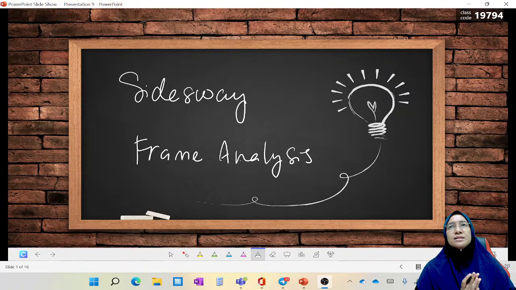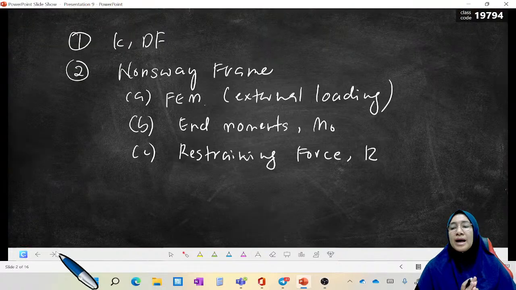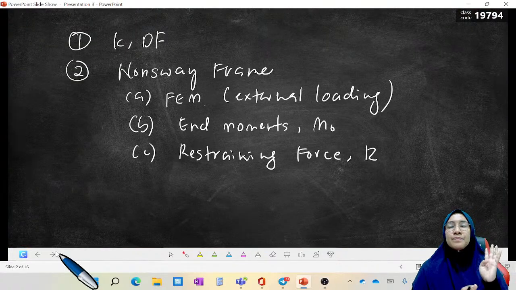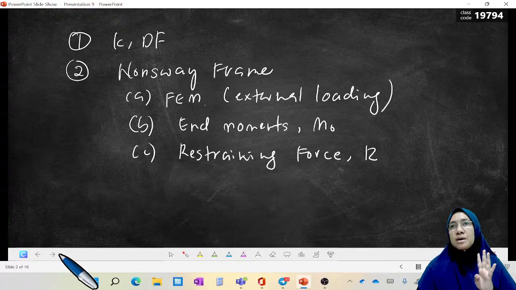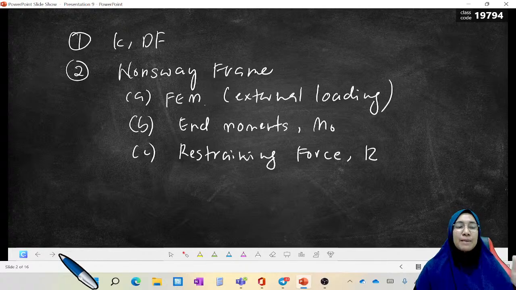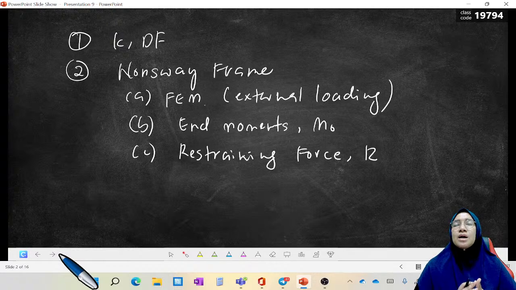So to analyze a frame with Sidesway, we have four procedures. Number one, of course, in the moment distribution method, we need to start with calculating the stiffness factor for each member using a formula.